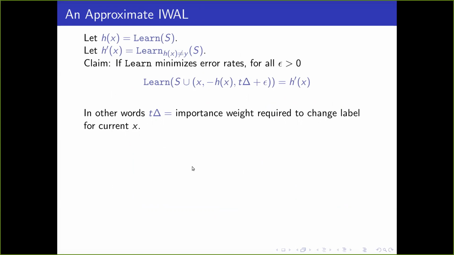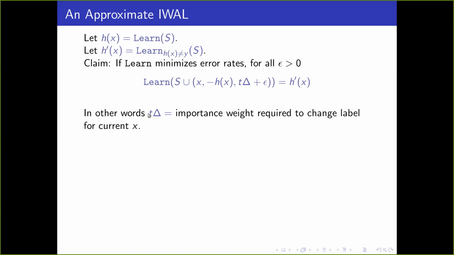h of x is the output of your learning algorithm. h prime of x is the output of your learning algorithm when it's constrained to predict the other way. What we want to say is that h prime of x differs from h of x by one example with an unknown importance weight. Delta was the difference in the error rates.